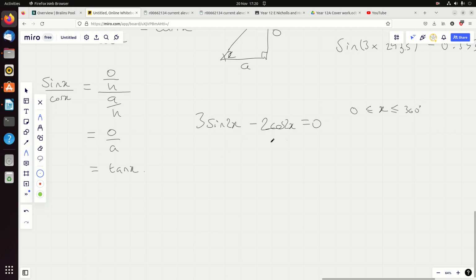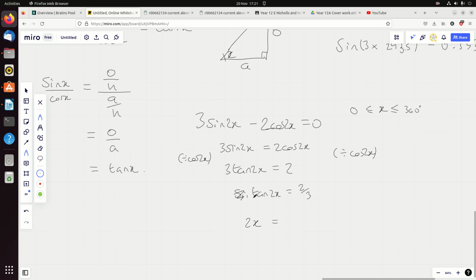Yeah, I could take the cos 2x to the right, divide by cos 2x, which gives me 3 tan 2x equals 2. I've divided both sides by cos 2x there. And then I can invert the tan 2x. Well, sorry, first make tan 2x equal 2/3. Now invert tan 2x. So inverse tan of 2/3.